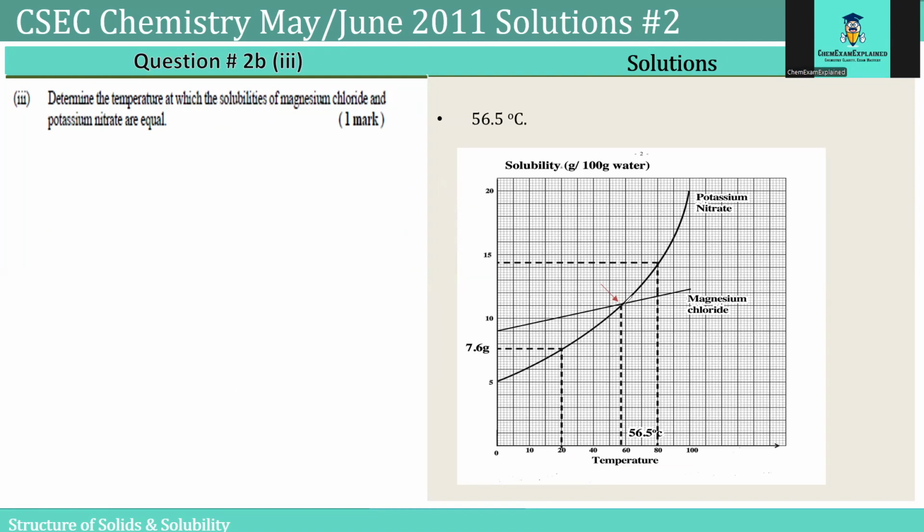And this is the point at which both potassium nitrate and magnesium chloride would have equal solubility. And so we simply find that value in terms of its temperature, and that would be 56.5 degrees Celsius. So that would be the temperature at which both the solubilities of magnesium chloride and the potassium nitrate are equal.